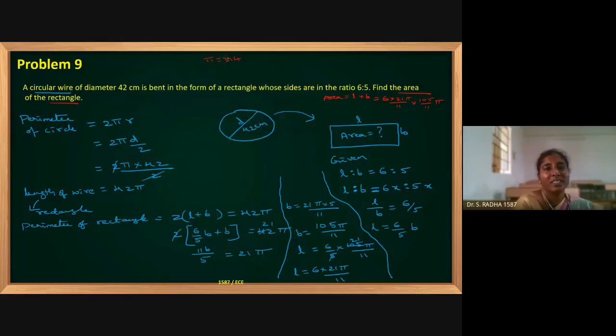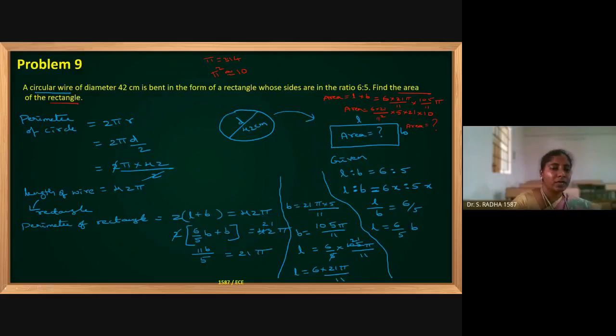Pi square value is approximately equal to 10. So you can just simplify 6 into 21 divided by 11 square, and numerator we have 5 into 21 and one more 10 is also there. This is the area. You can just multiply it and find the answer.